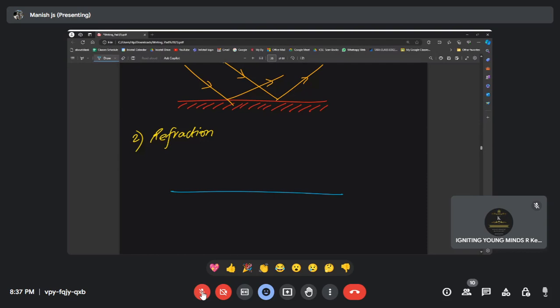So refraction is when light bends as it passes from one medium to another. That medium has to be transparent, no doubt, which should allow light to pass through it. Transparent material such as glass allows light rays to pass through it.